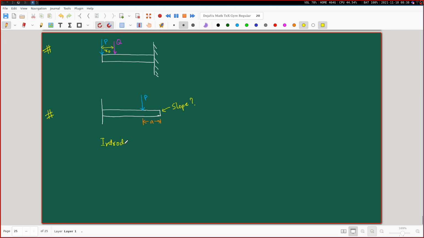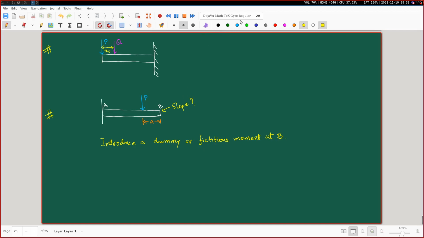Introduce a dummy or fictitious moment. Let's say this is A, this is B. We are asked to find out the slope at B. So a dummy or fictitious moment at B.